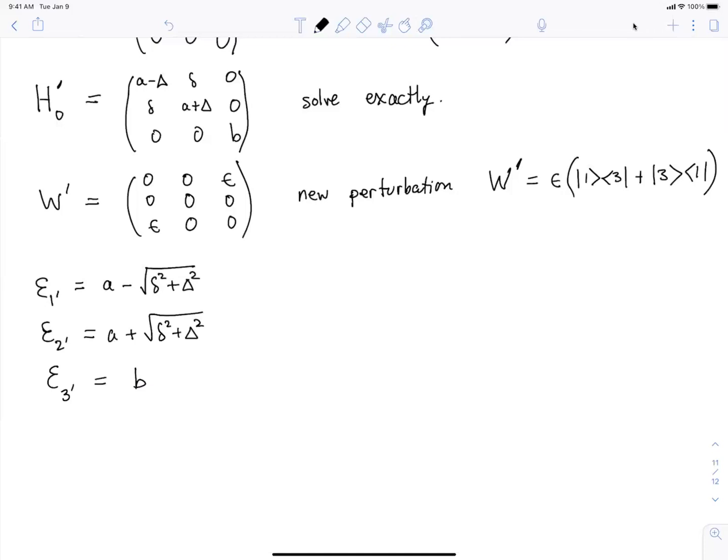And then you have to do a little bit of 2 by 2 matrix diagonalization. So I'll just tell you what the answers are for that. The state 1 prime, which is the eigenstate of H0 prime with this eigenvalue, turns out to be this. It's the square root of R plus over 2, times ket 1, minus the square root of R minus over 2, times ket 2.